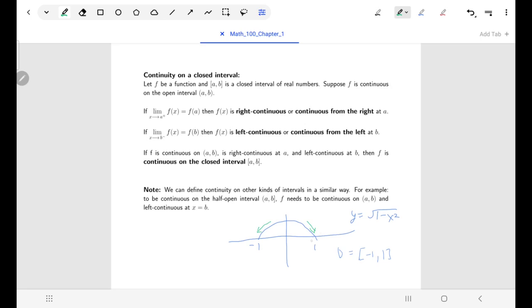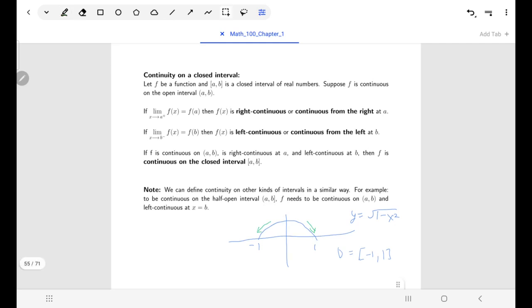So at 1, I approach from the left, and its y value is approaching 0. At x equal to 1, the y value is exactly 0, so we are left continuous at that endpoint, because what I approach from the left is exactly what's happening at that y value.